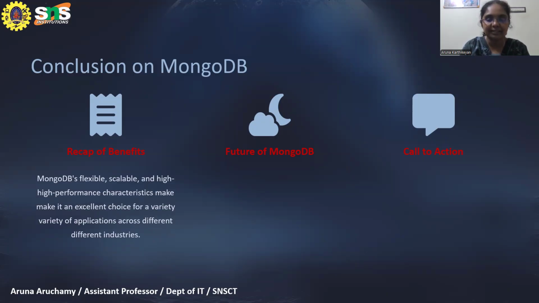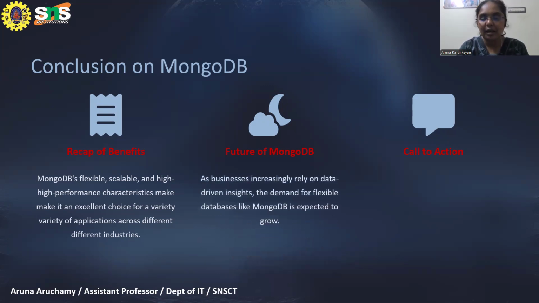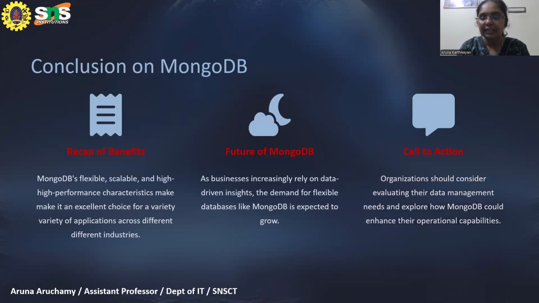For these characteristics, we use this backend tool for different types of applications. Nowadays, businesses are increasingly using MongoDB. We will also depend on it for enhancing operational capability and giving high priority to database management. Definitely, we can go for MongoDB.